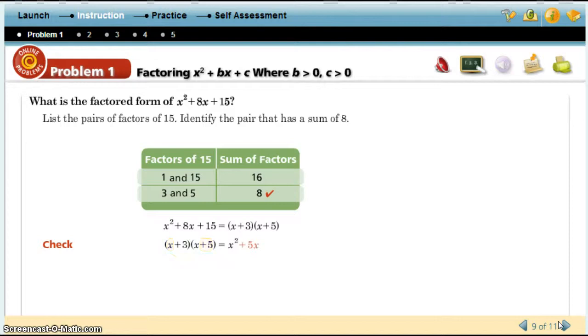And notice we're just using the FOIL method. Inner terms, or distributive property. And your last terms. And whenever you actually simplify that, 5x plus 3x, you get 8x. Since this matches the original trinomial, these factors are correct.